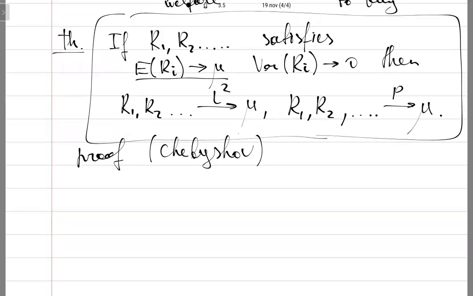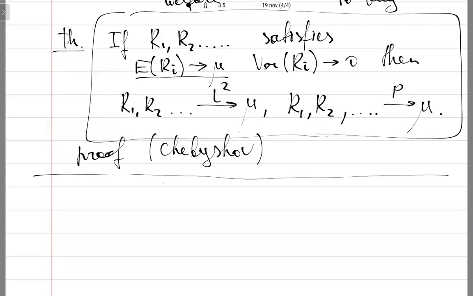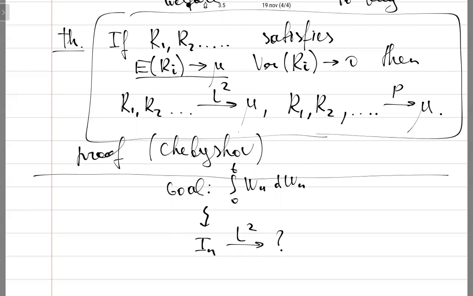Okay. So now our goal has much simplified. I recall that we'd like to calculate this integral, W dW. We have simplified our goal. Now we just need the limit in L2 of I_N.